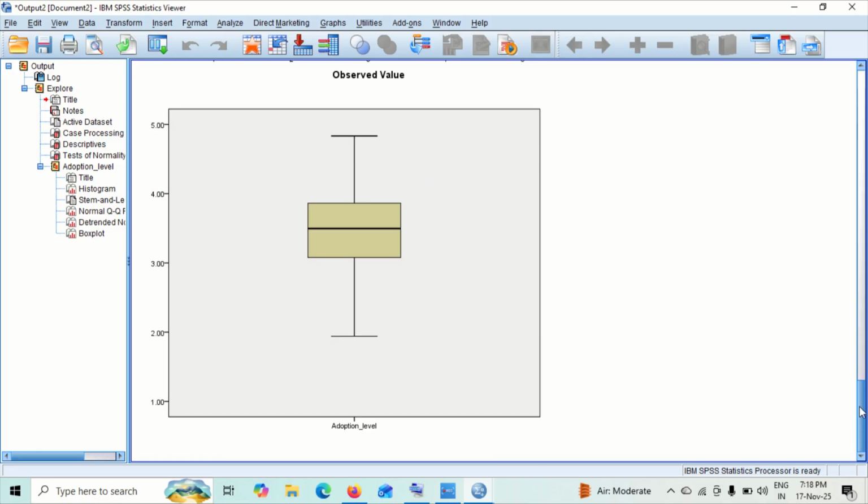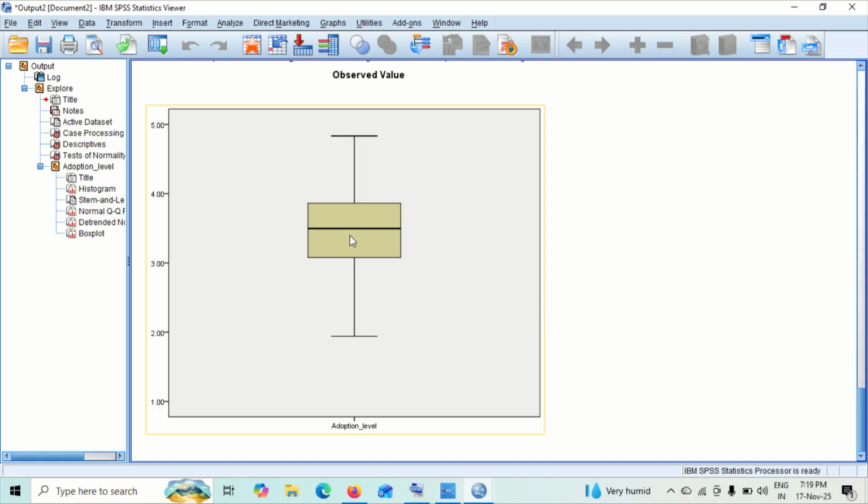And last but not least, this is the box plot. Here the median, that is the middle line of the box, or the thick line inside the box, represents the median of adoption level. It looks like the median is around 3 to 4. And the interquartile range, that is the box itself, shows the range of the middle 50% of the data.